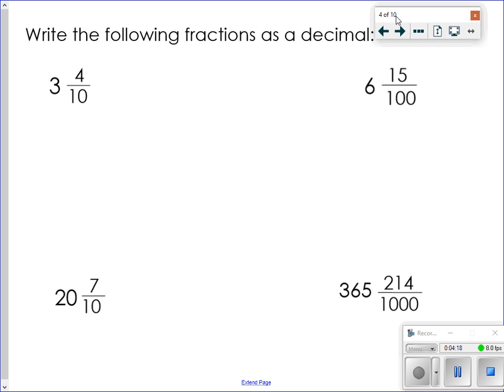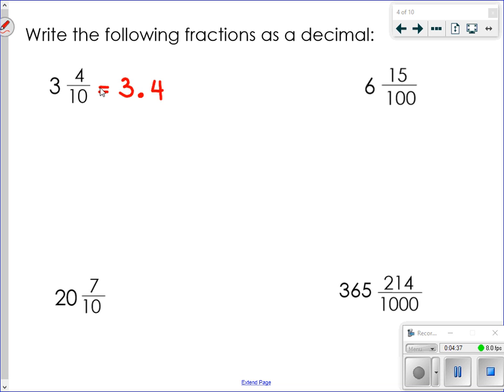We're going to write these fractions as decimals. So this fraction is 3 and 4/10. We would say it the exact same way as a decimal, but we would write it as 3.4, 4 in the tenths position, the first position after the decimal.